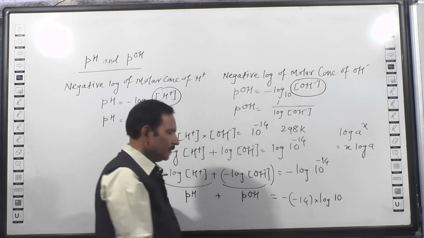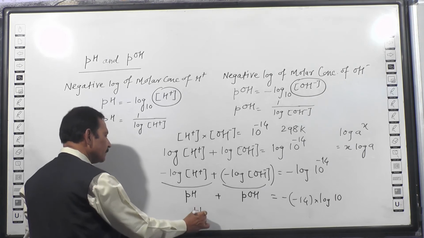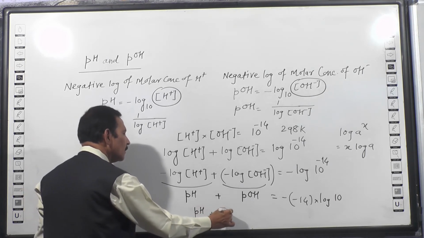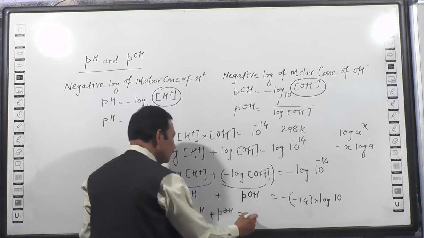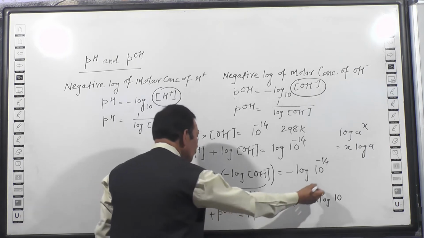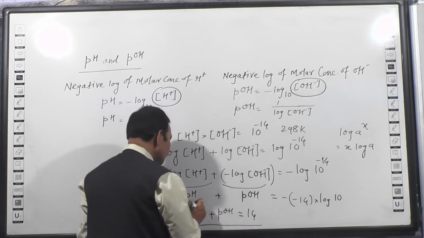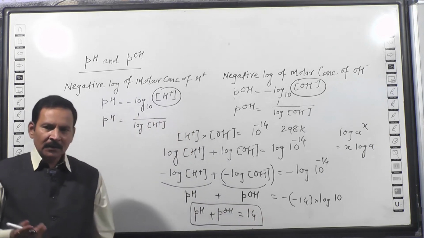So pH plus pOH is equal to minus of minus 14 into log 10, and log 10 is 1, no need to write. So we are getting a very important conclusion from this.